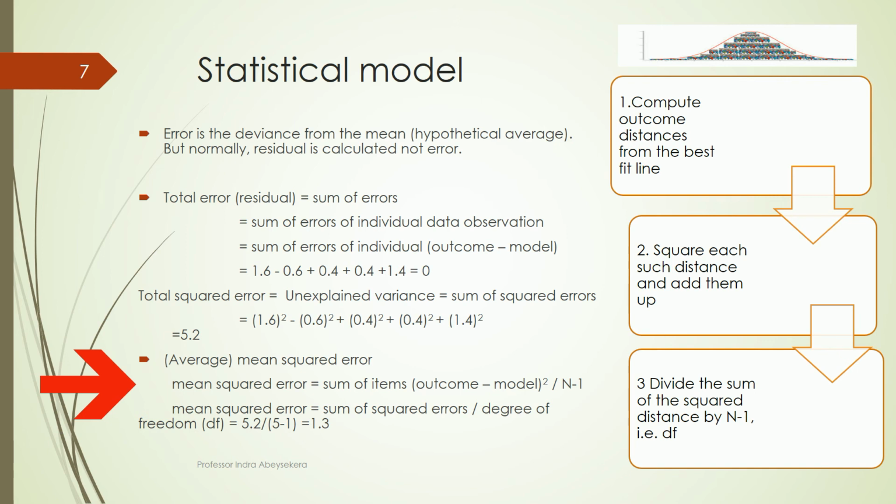So the mean unexplained amount, or the average unexplained amount, is what we get after such division. So that is step 3.